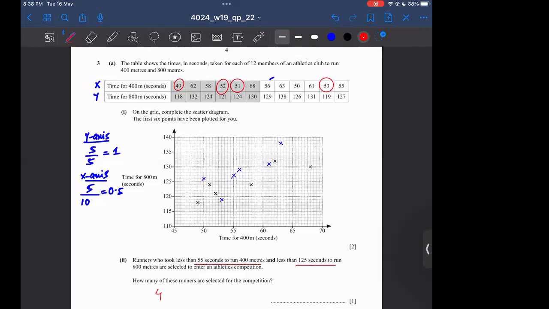Less than 125 is going to be 1, 2, 3, 4, 5. So there are 5 people over here in total. How many of these are selected for the competition? There are 9 who are going to be selected for the competition.